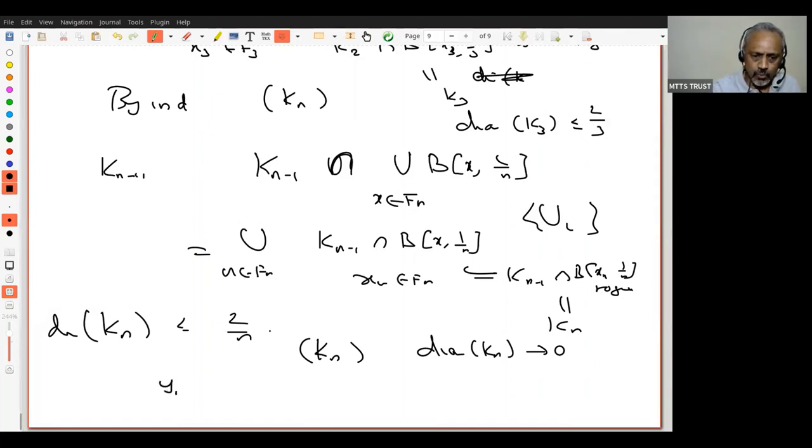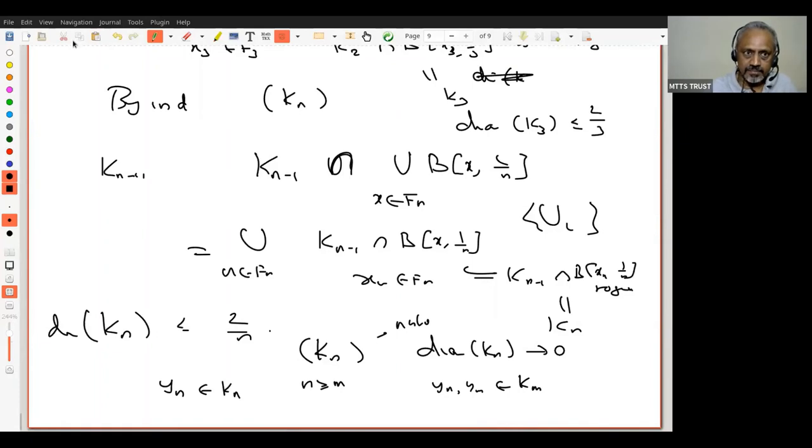Therefore, choose yn in Kn arbitrary. I don't care what it is. Then, if n is greater than or equal to m, remember that my yn and ym are in Km because this is a nested sequence. This is nested by our construction, right? And therefore, what is the distance between yn and ym? That will be at most the diameter of Km, that is 2 by m.